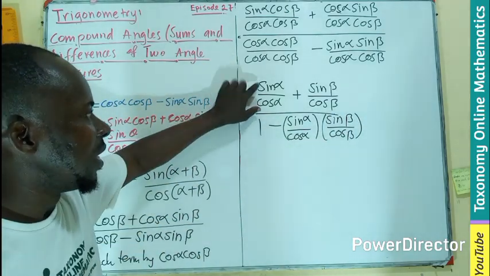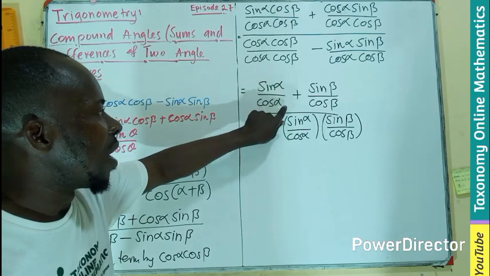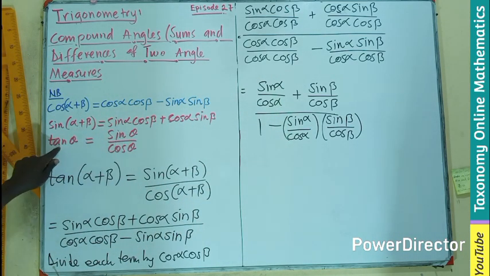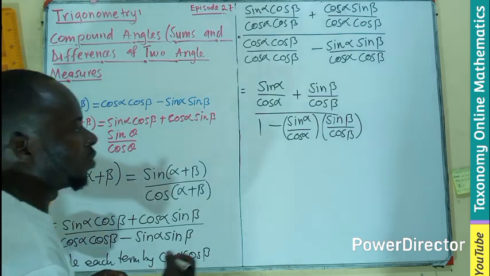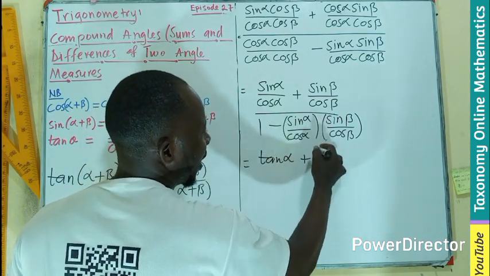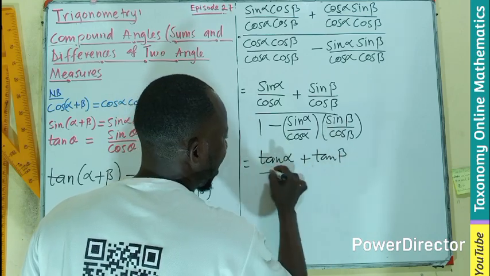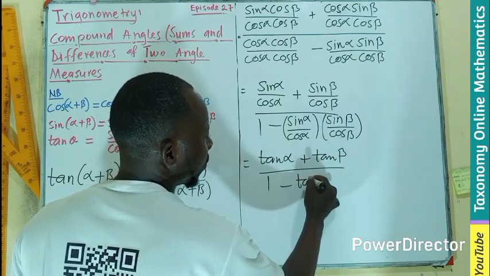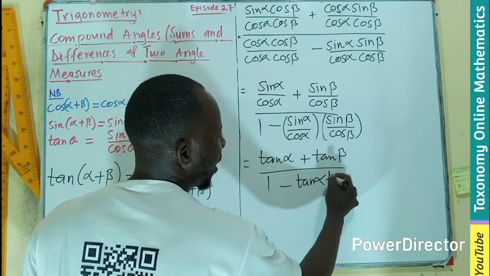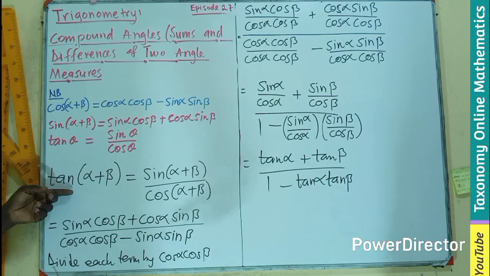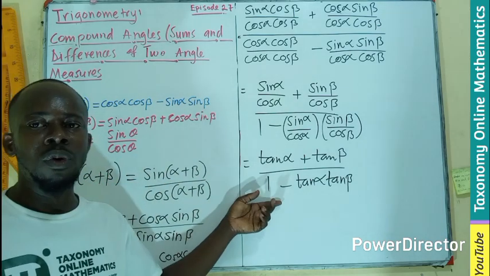Then remember what you are seeing here. Sine alpha over cos alpha equals the tan of alpha. So we'll be having tan alpha here, tan beta here, and this will also be tan alpha, then tan beta. So you can see, if I have this expansion, it is in terms of only tan.